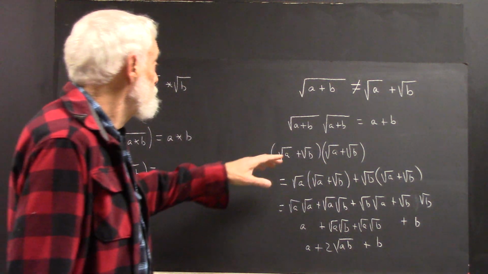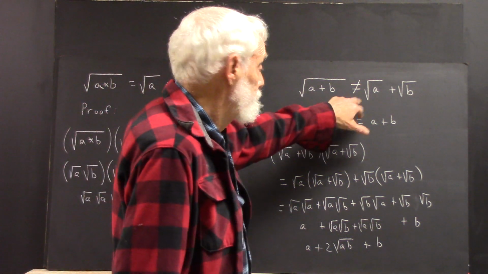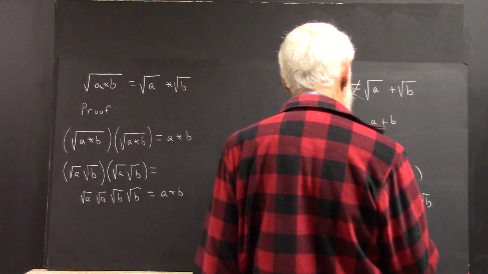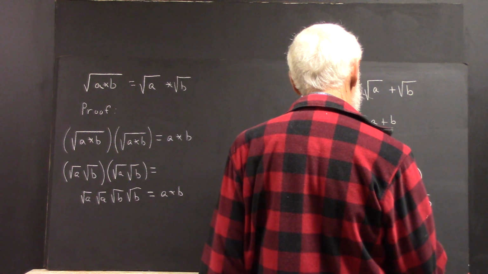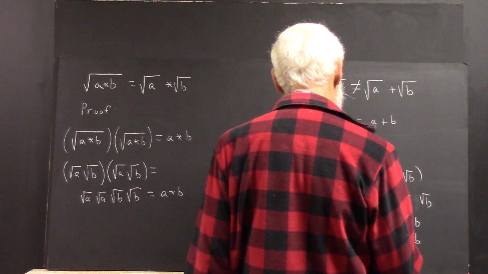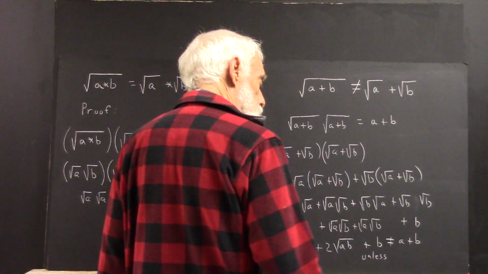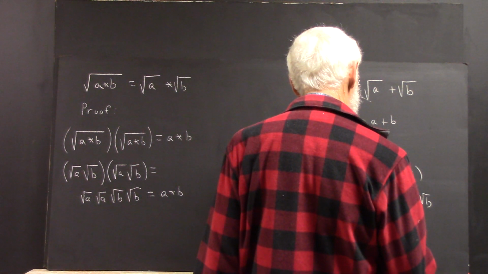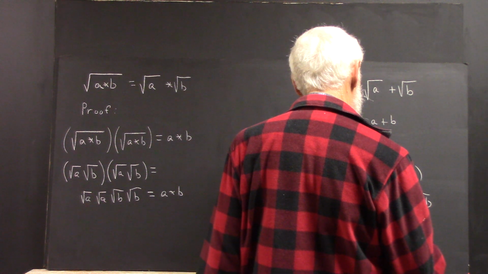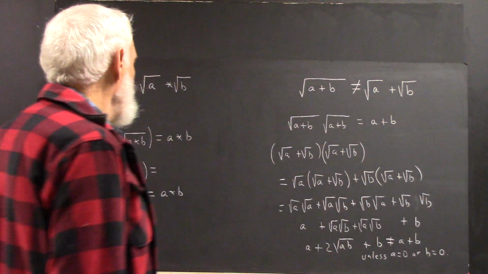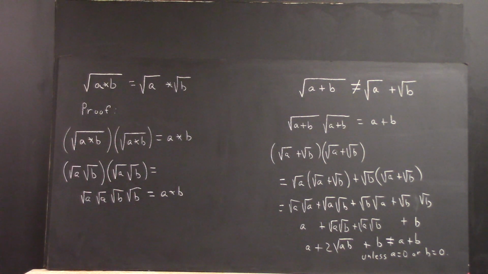So this is true, this is not true, this is not equal, and I'll put a little qualifier here, not equal to A plus B unless A equals 0 or B equals 0.